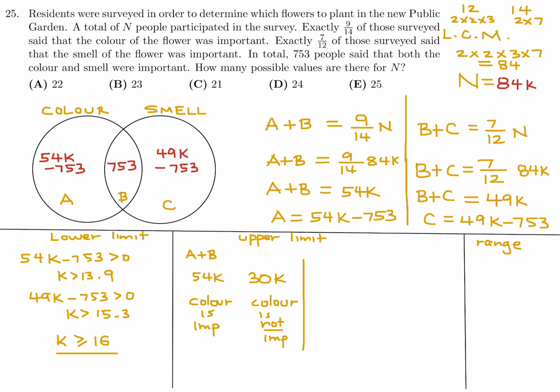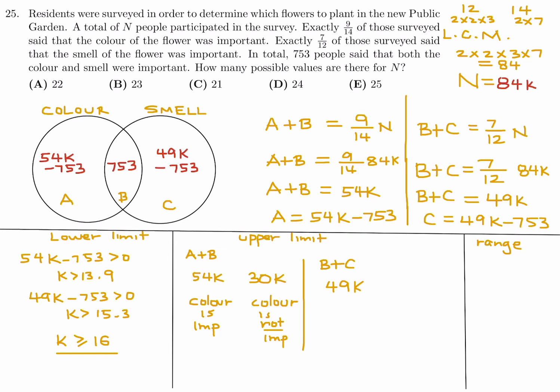Right? So that is the first part of this. So no tricks here. That's just simple sort of analysis of these numbers. Now let's turn our attention to this guy right here, which is the people in the smell category. They are basically the people of B and C, B plus C, I should say. And that is 49k.